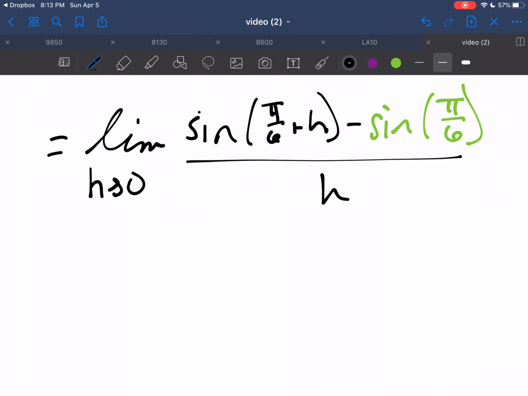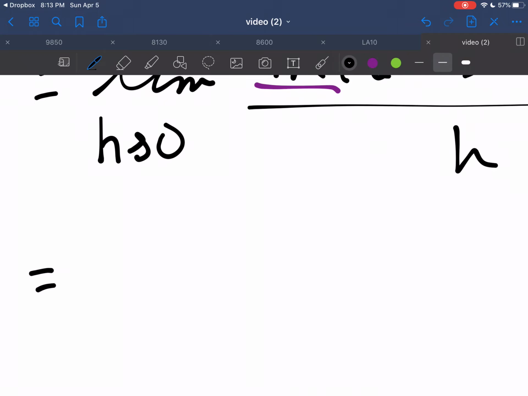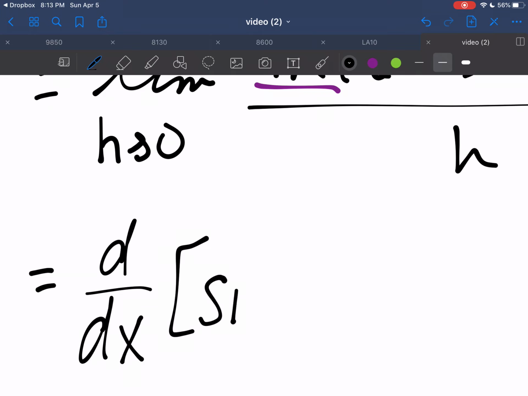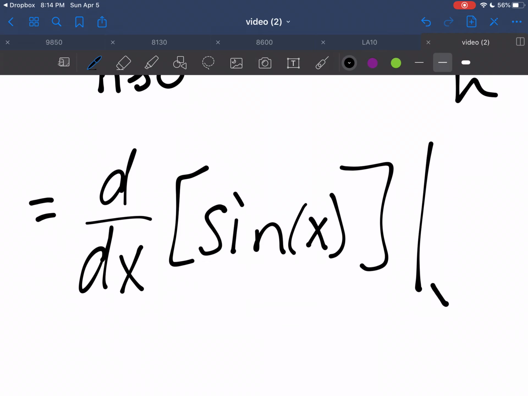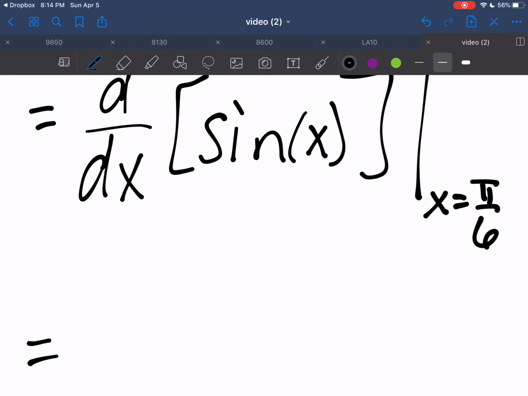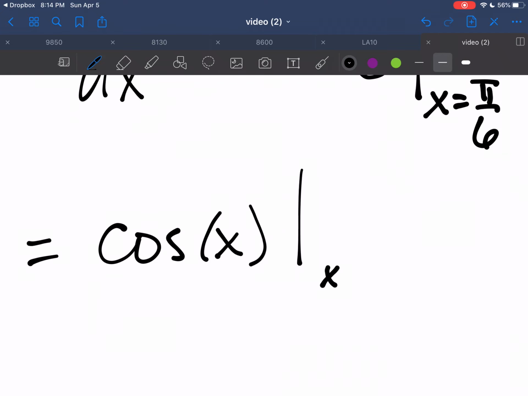So we know that then our function is sine of x. So it's the derivative with respect to x of sine of x evaluated at x equals pi over 6, which we know is just cosine of x evaluated at x equals pi over 6.